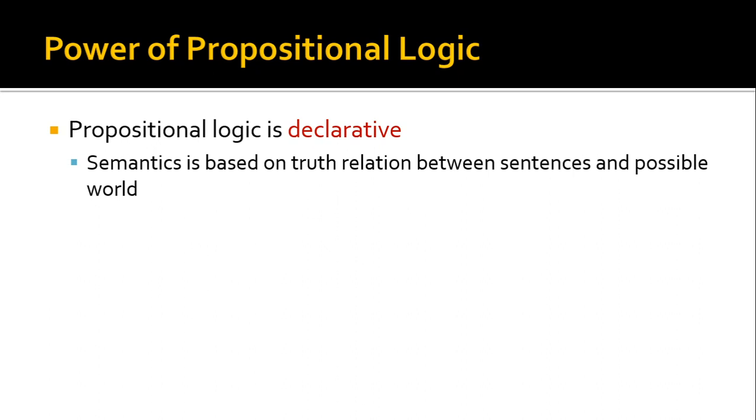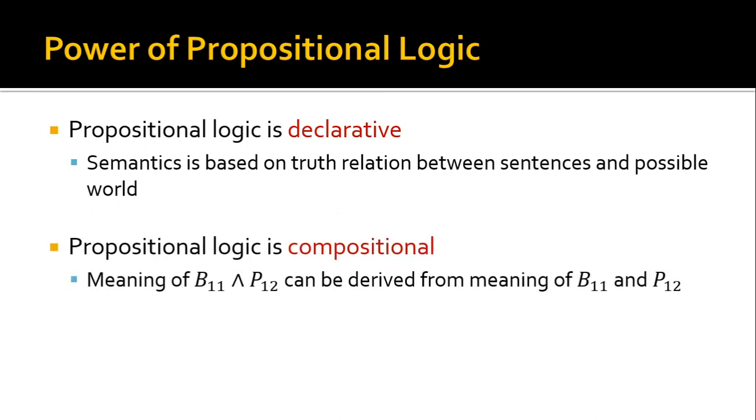We can also derive the truth value based on the truth values we have declared on the basic propositions. The second good point of propositional logic is that it is compositional.